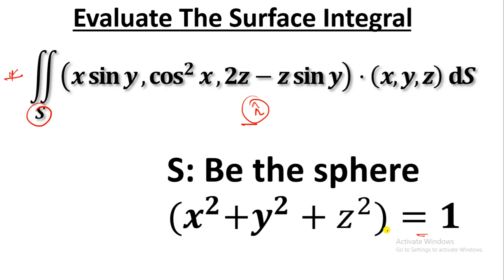Now what is this? This is a sphere having radius 1, and this is the unique form of representation of that vector integral. We will have to decode this, and then we will have to solve this type of problem.